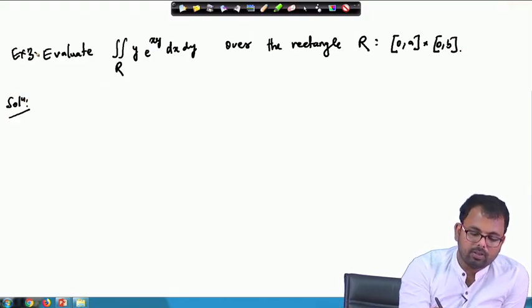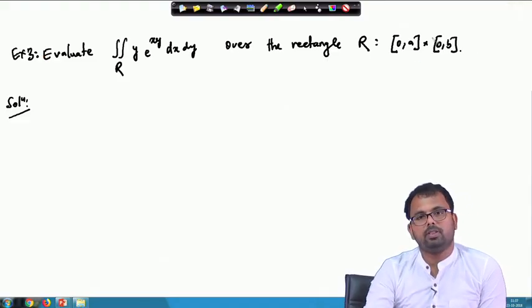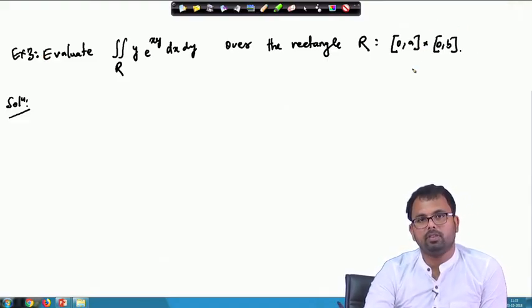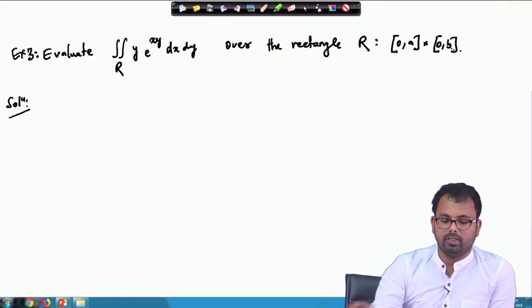So, this must be example 3. It is pretty much a similar interval like the previous example. So, I am not drawing that area of integration. It is pretty much straightforward here.